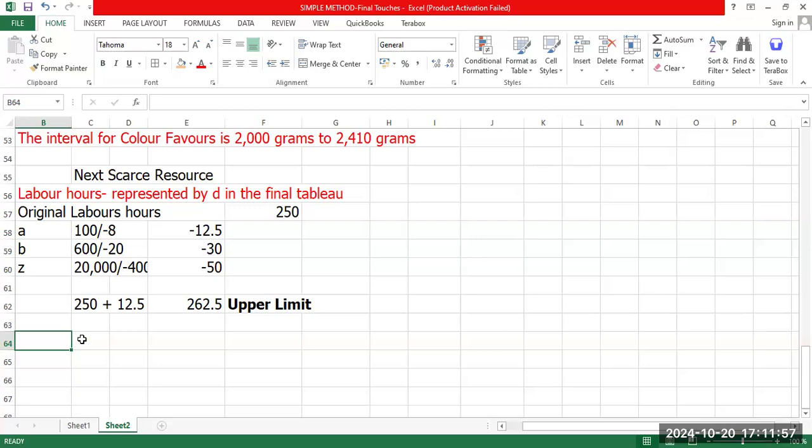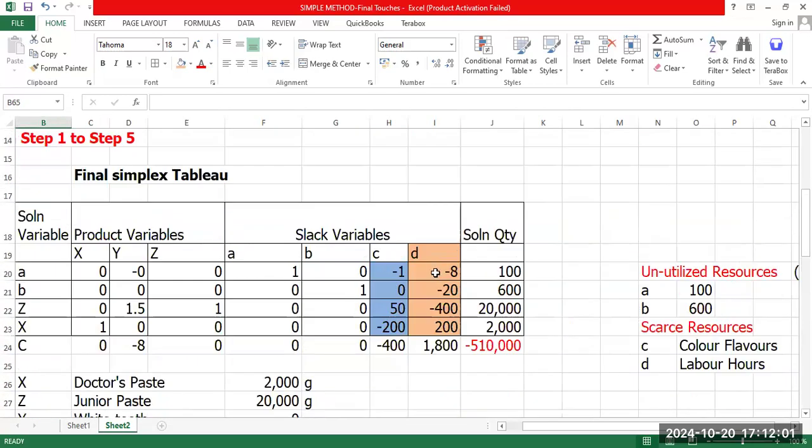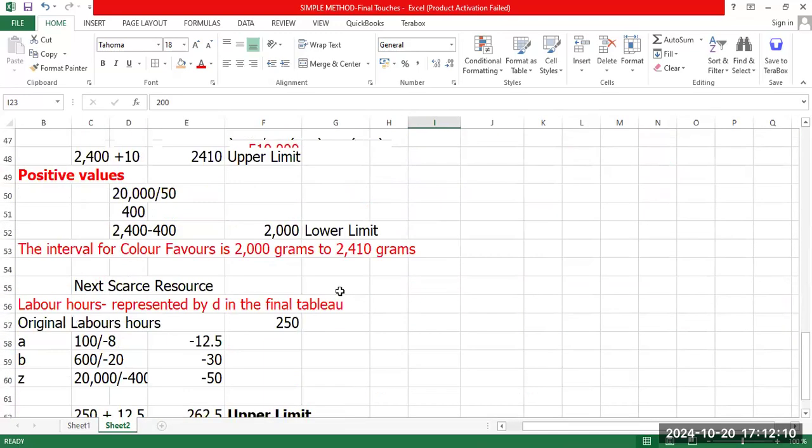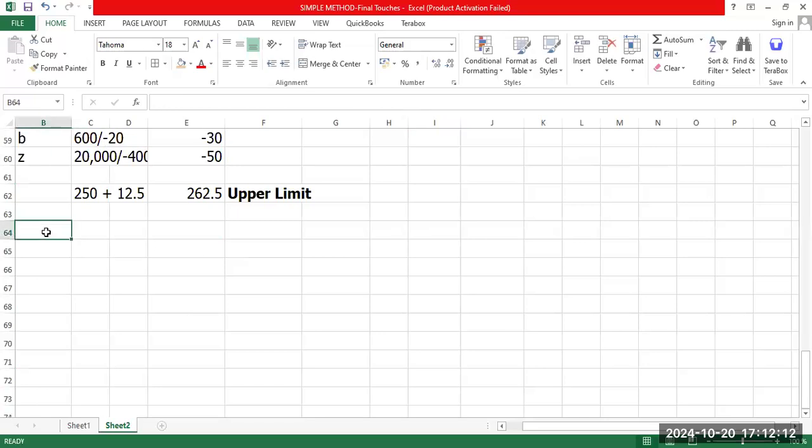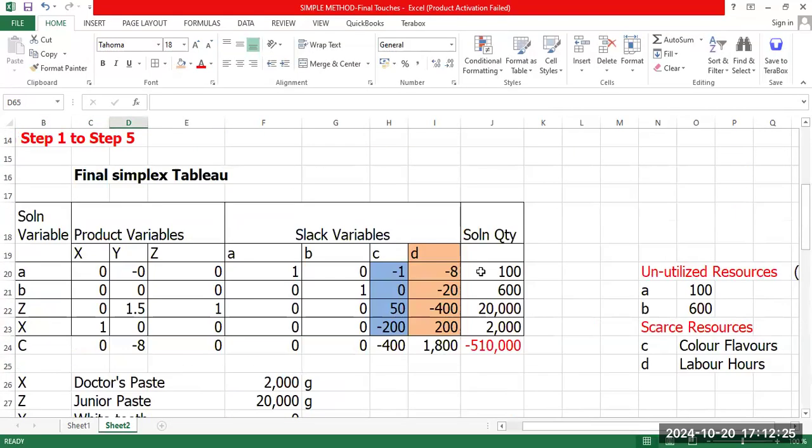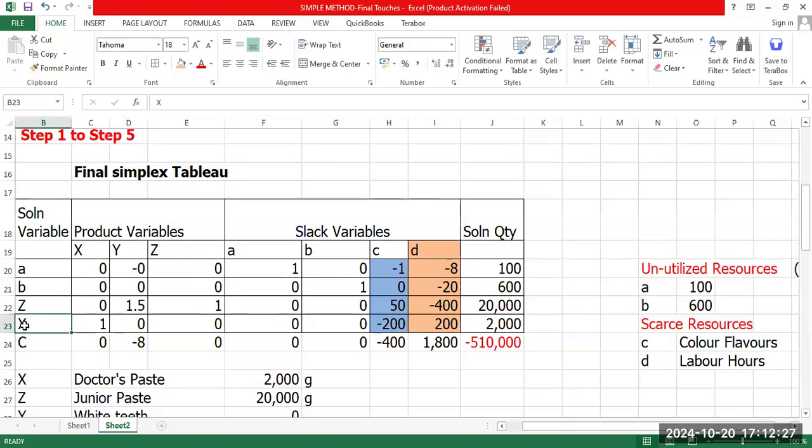Now we handle positives. How many positives do we have? We only have one positive value. So we get 2,000 divided by 200, which is your x.